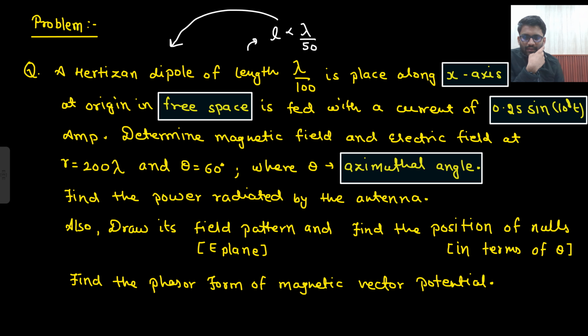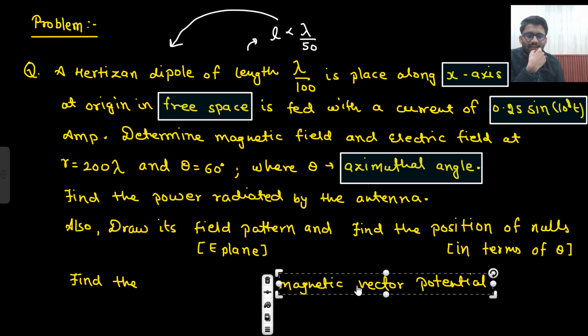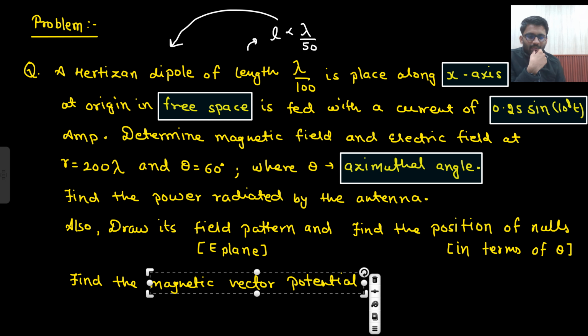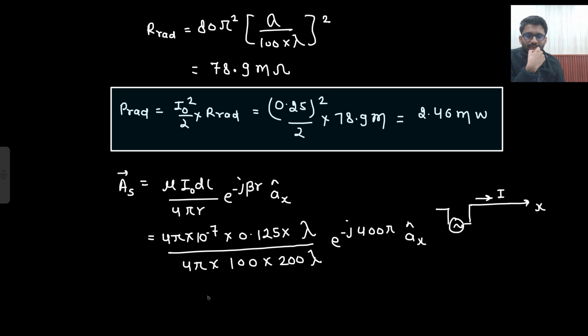I will just say find the magnetic vector potential. No need to write down the phasor form, because phasor form is very easy, but the complete magnetic vector potential we will find out. So what are you getting? Mu I dl upon 4 pi r e to the power minus j beta r ax cap.